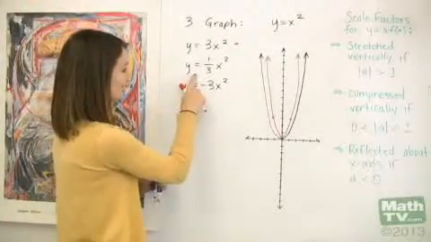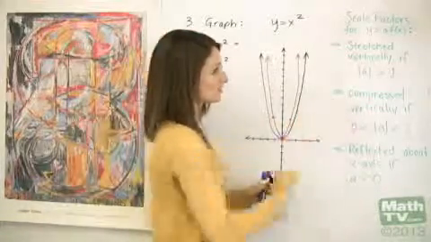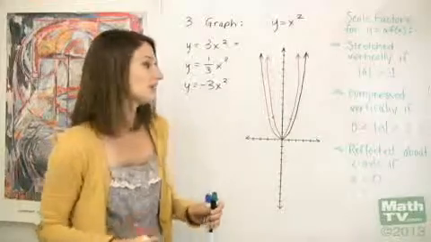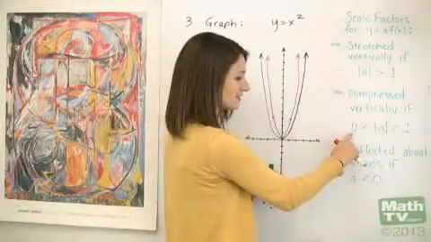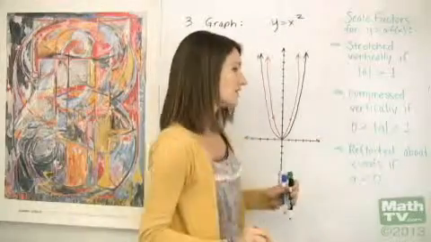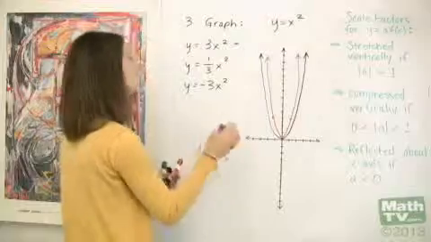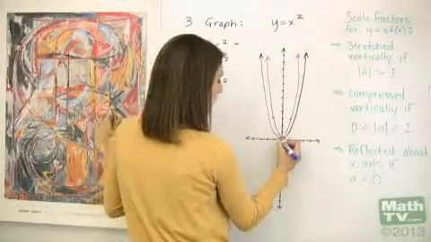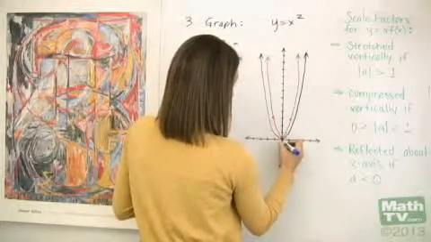Our second function here, y equals 1/3 times x squared, according to our rule for scale factors, is going to be compressed vertically if our a value is between 0 and 1. So let's see what this graph looks like. If we were to plot some points for y equals 1/3 x squared, we'd get a graph that looks something like this.